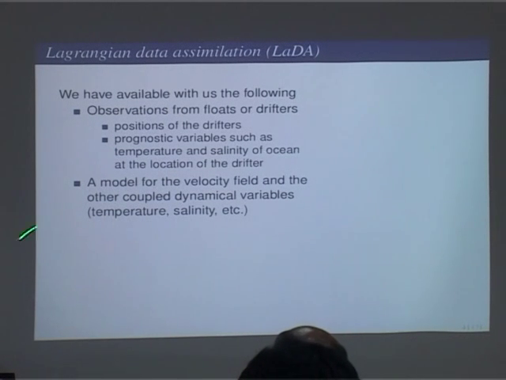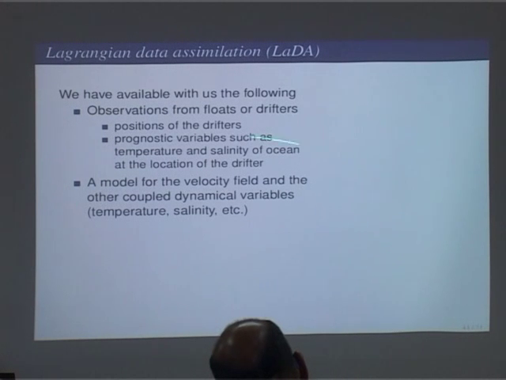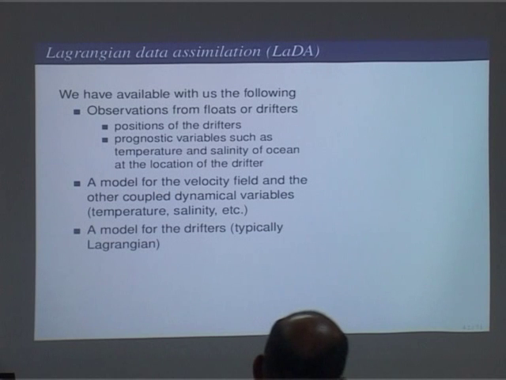We're going to have some model for our velocity field. This might be a ROMS model, a global model, or something very local, something coastal. And this of course is going to be coupled to things like temperature and salinity typically.